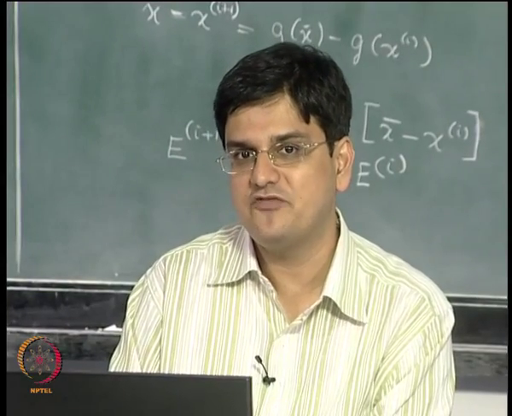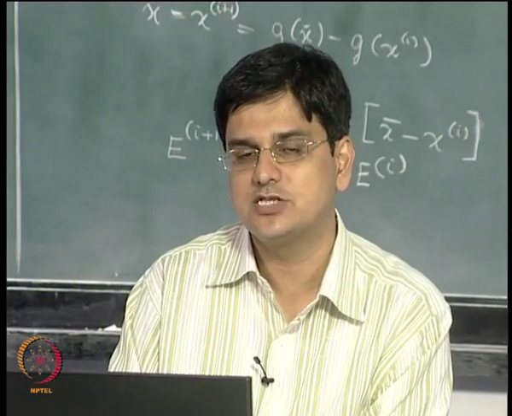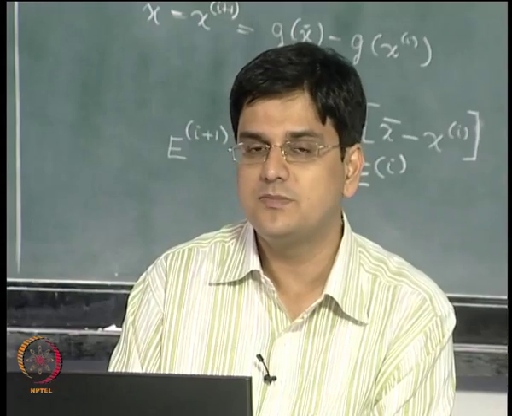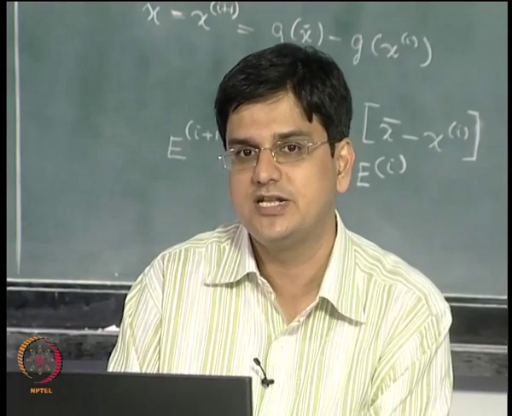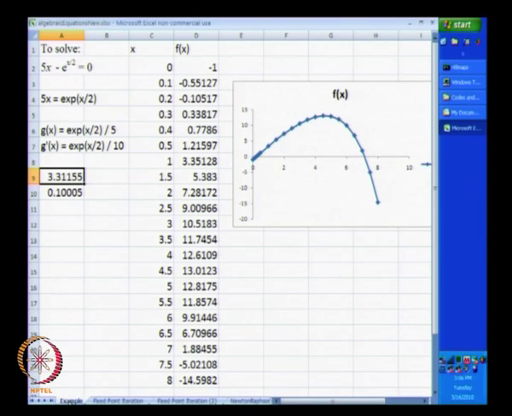But if g dash of x does not lie between -1 and +1, there is a possibility that the method will converge, but there is also a possibility that it will not. So we cannot really say anything for sure if g dash of x is greater than 1, but if it is between -1 and +1, we can say with 100% certainty that the method is going to converge.